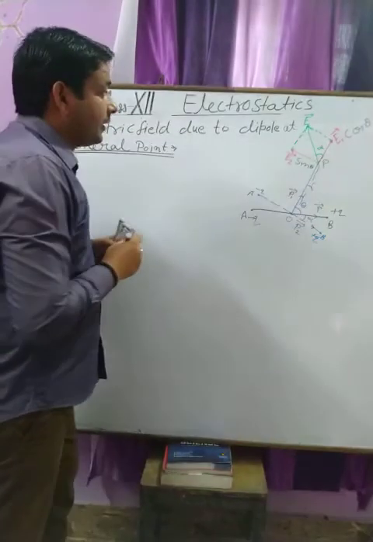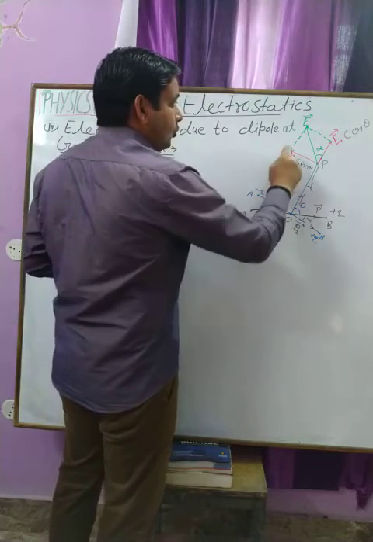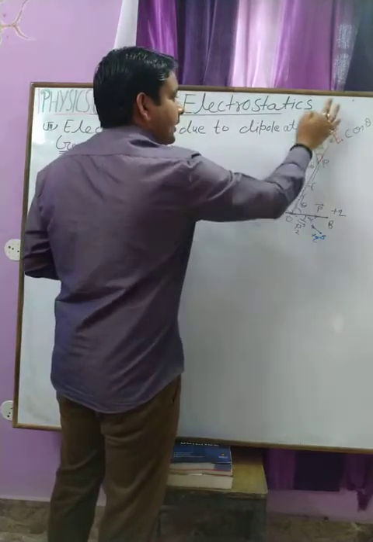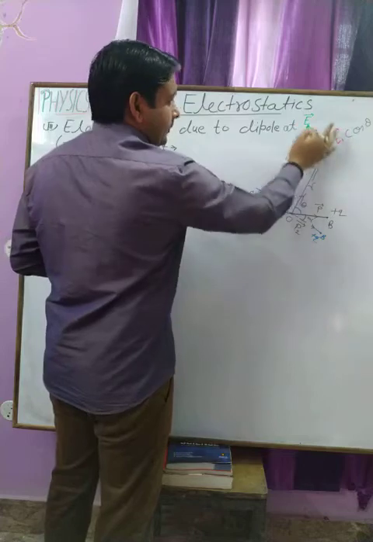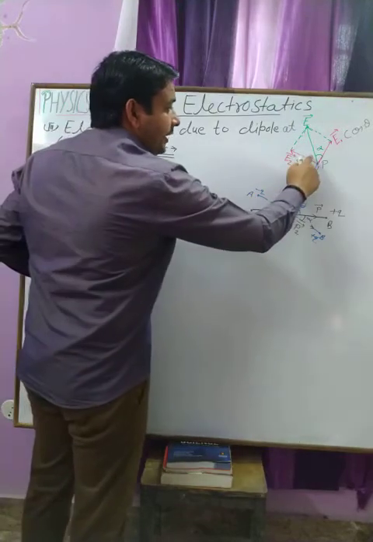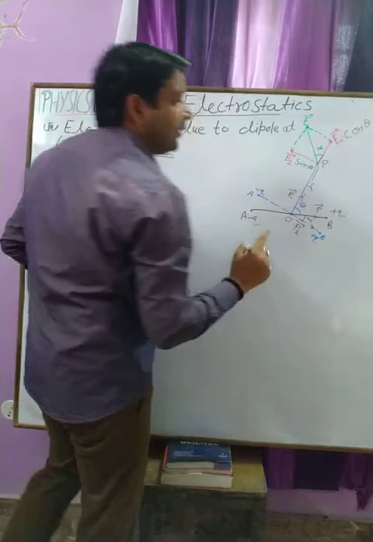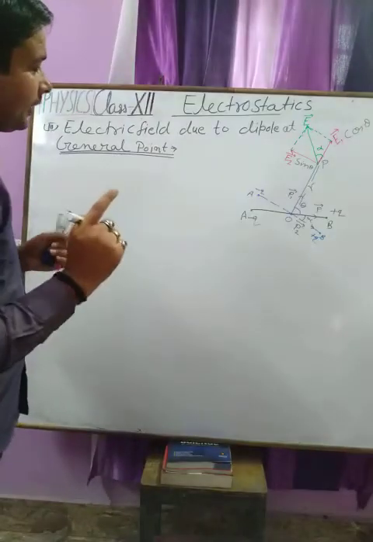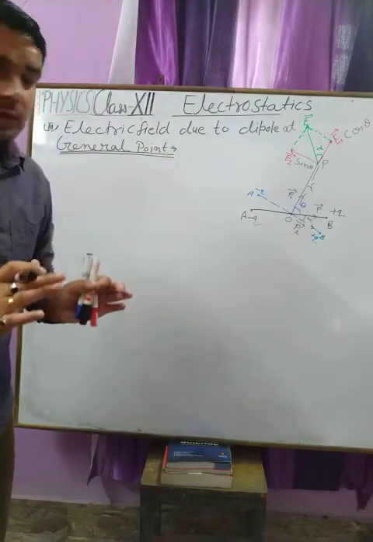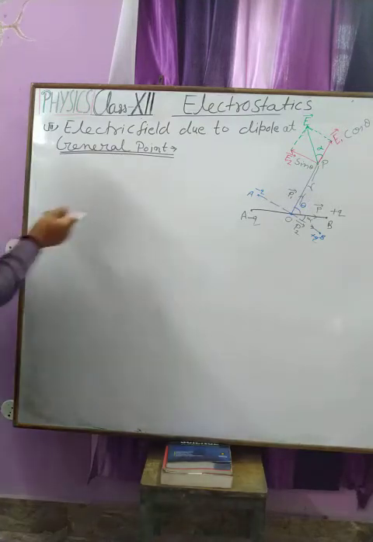By using vector resolution by the rectangular rule, we are getting the resultant direction of this dipole as the diagonal of the rectangle, and this makes the angle alpha with the horizontal direction of the electric field. Now we are going to deduce the formula for it.